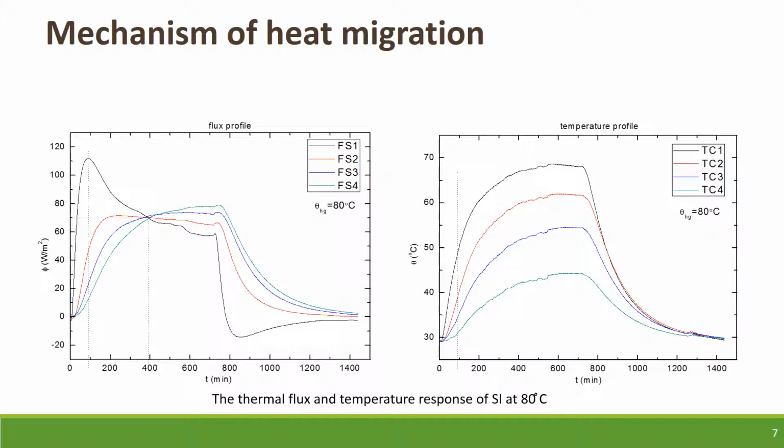After that, ideally all flux profiles should be linear, but because of some manufacturing limitation of the thermal flux sensors, we have observed a band of thermal flux profile in the figure. However, this portion of the flux versus time graph should be considered as a single line.